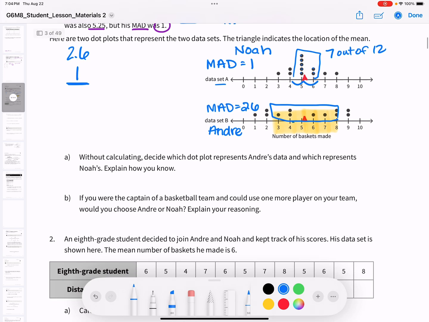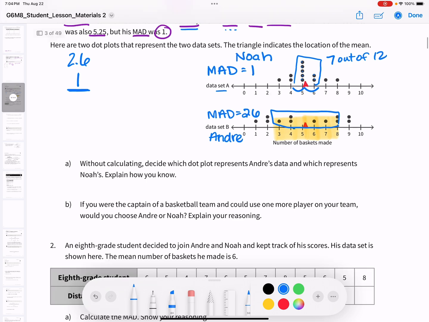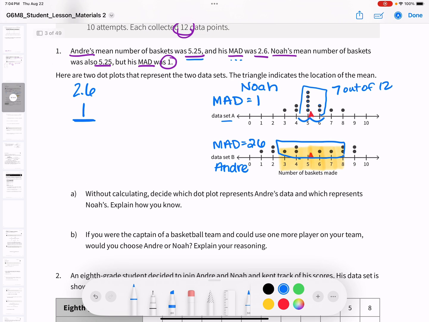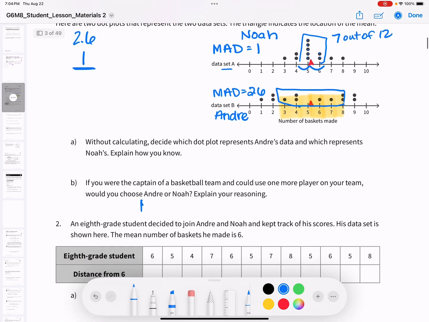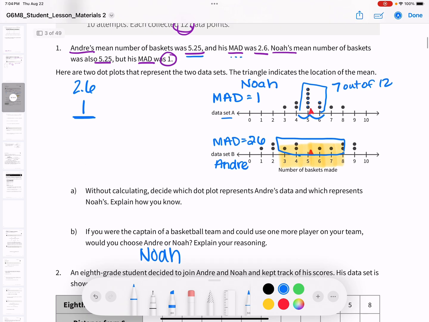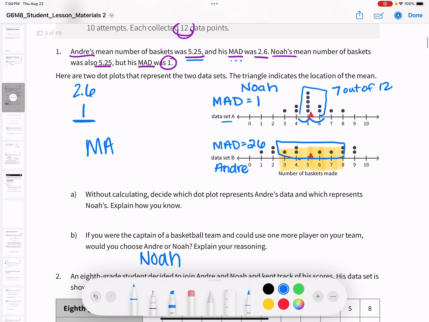So, if you were captain of a basketball team and could use one more player on your team, who would you choose, Andre or Noah? Well, Andre and Noah have the same average, which means they shoot about the same. But if I were going to have to choose, I would choose Noah, because remember, MAD tells us variability.